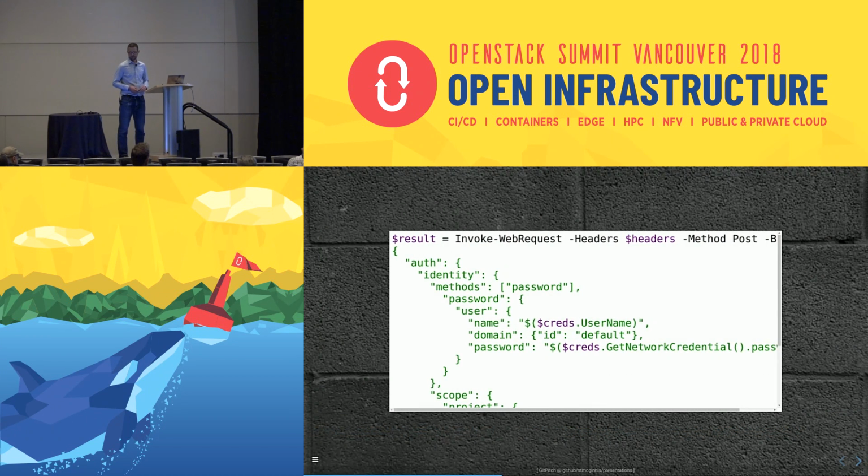So first, since I'm using Keystone in this case, I need to authenticate. There's a nice commandlet in PowerShell called Invoke-WebRequest. And it's kind of like curl if you're used to Linux environments. So I'm passing in some headers, and if you can see, the method is POST. So I'm posting some data against the endpoint.